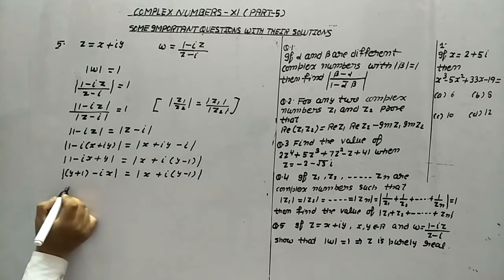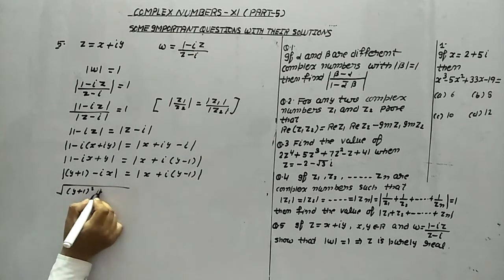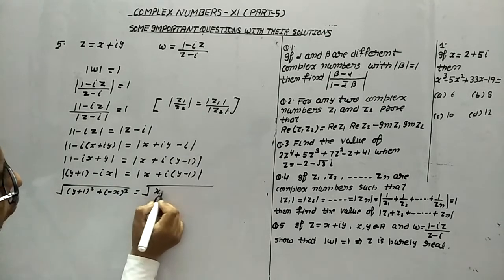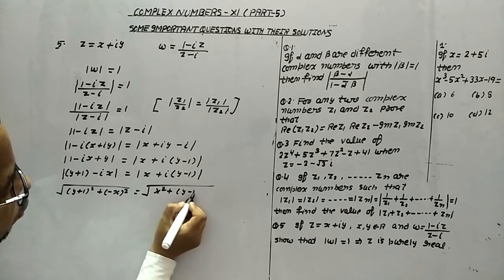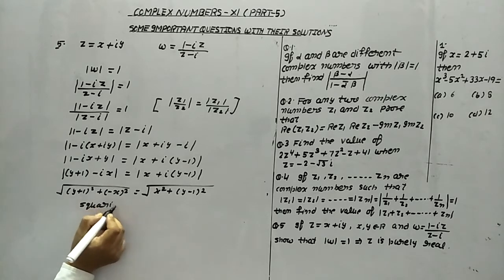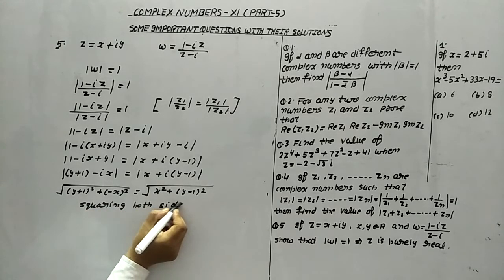Now by the property of modulus, this becomes under root (y plus 1) whole square plus (minus x) whole square, is equal to under root x square plus (y minus 1) whole square. Now squaring both sides, what will come? Under root cancels out.